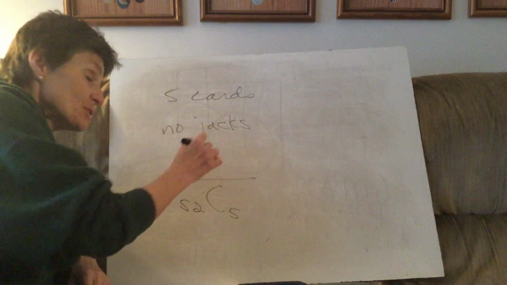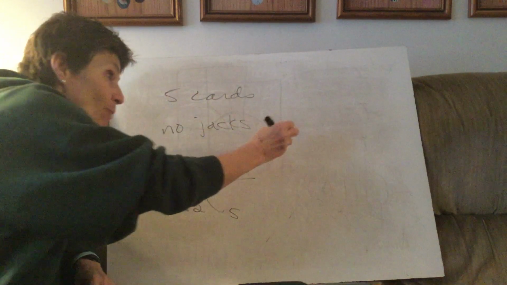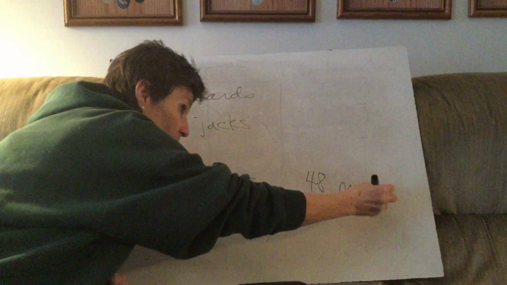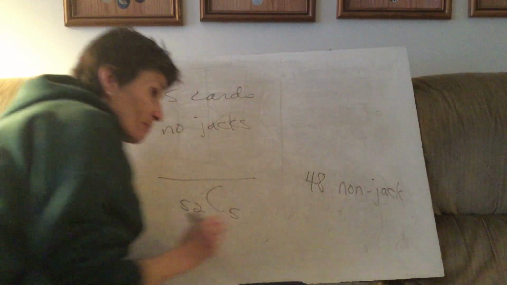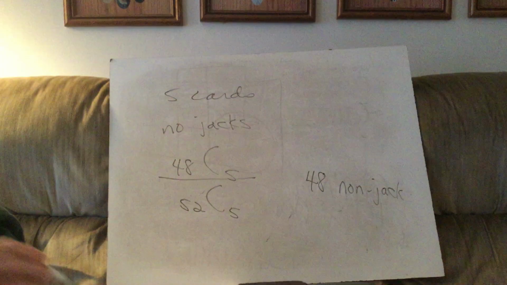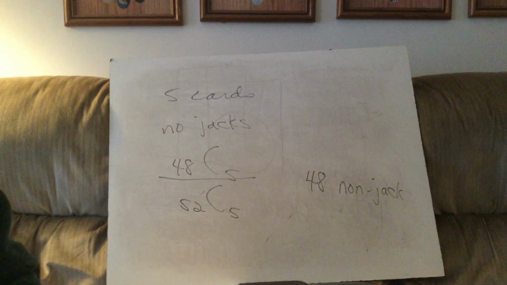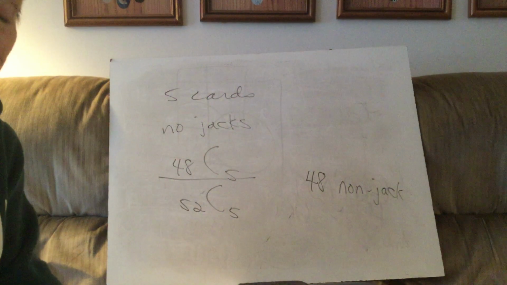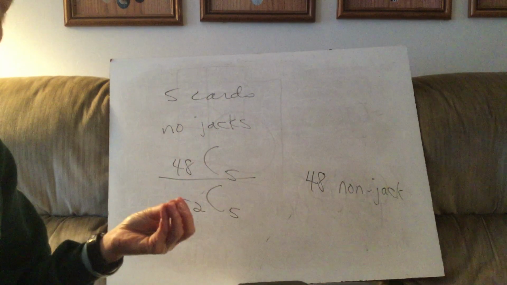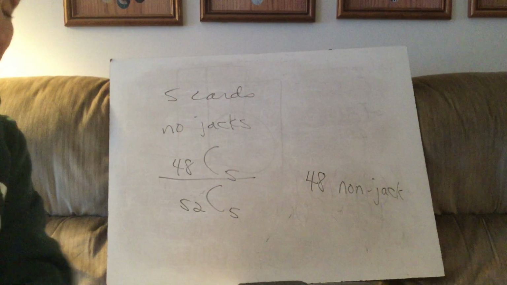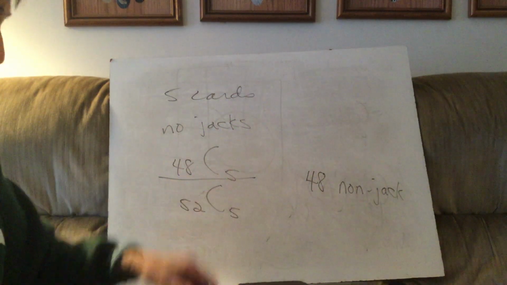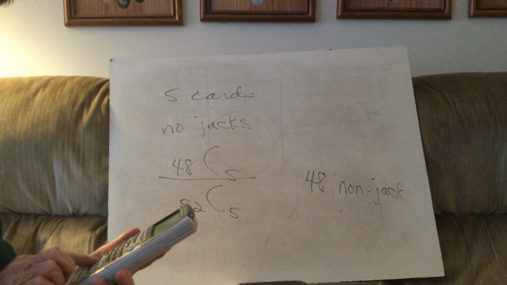We don't want to get any jacks, so we want to take the jacks out. So there are 48 non-jack cards in the deck. So our numerator is 48C5 because we want to pick 5 cards that aren't jacks. So it's like you have your deck of cards, pull out the 4 jacks and put them over here, and then you're picking from what's left. There are 48 cards left, and you're picking 5 of them.